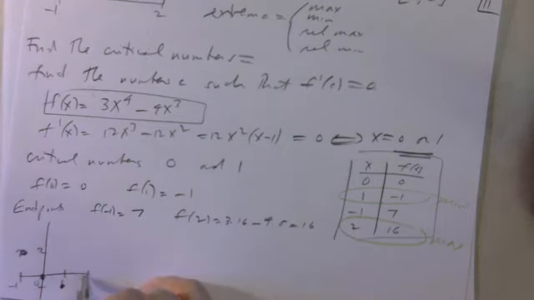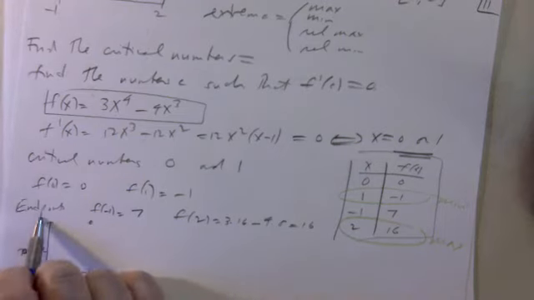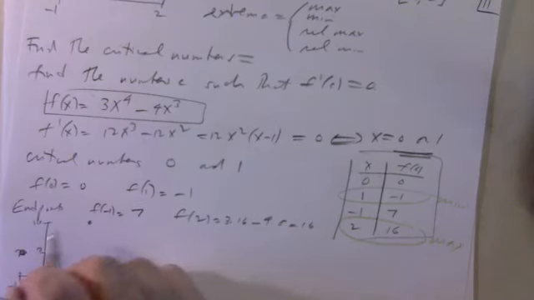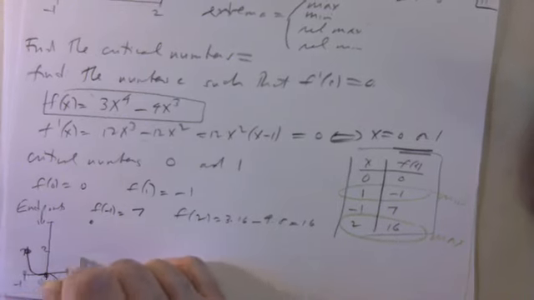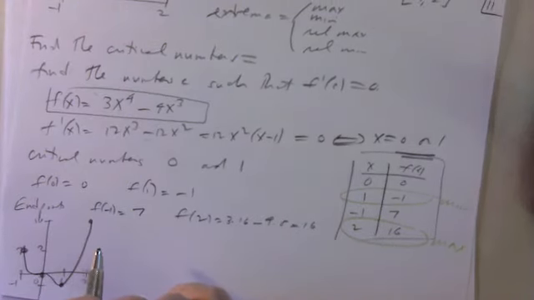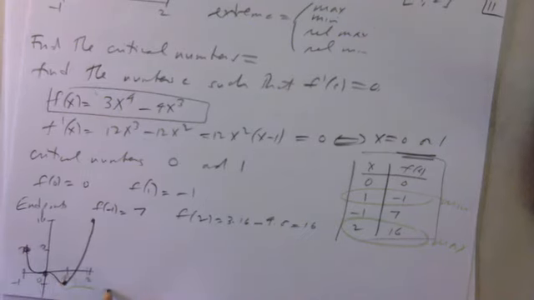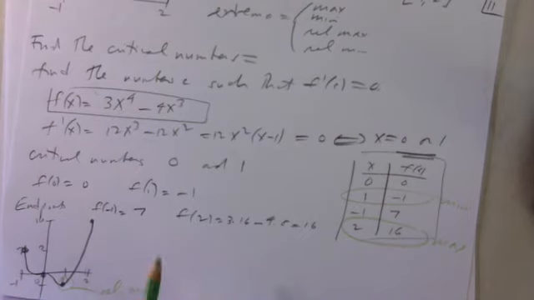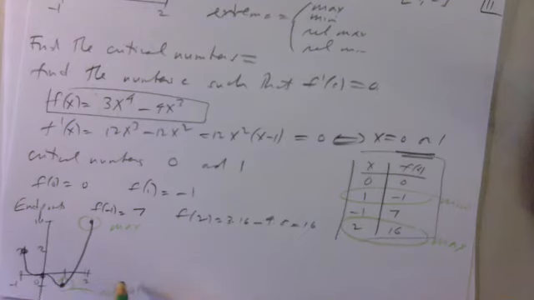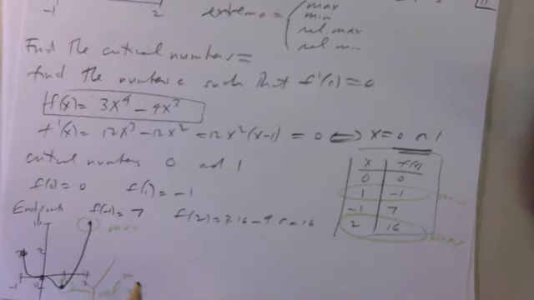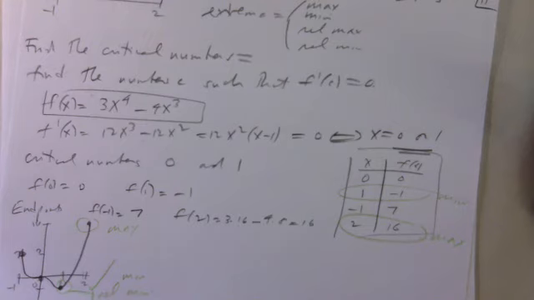At 2, it's 16. The graph of this function comes down, goes up. So this point is a relative minimum. This is the max. This is also the absolute maximum. That's what's going on.